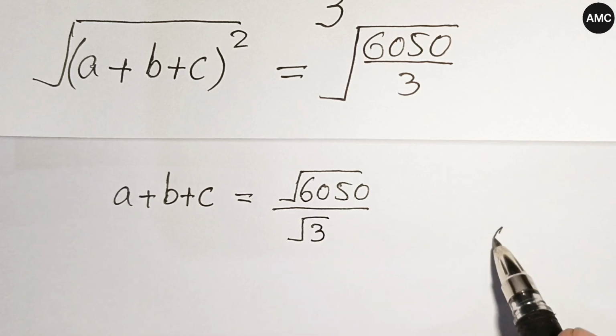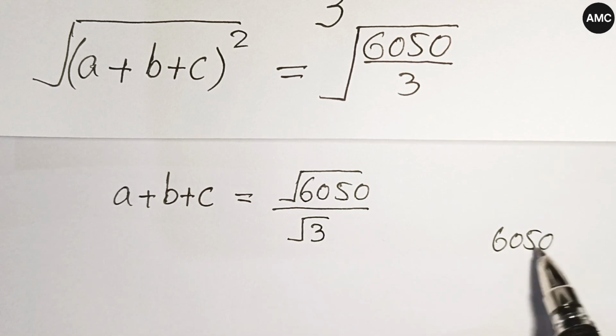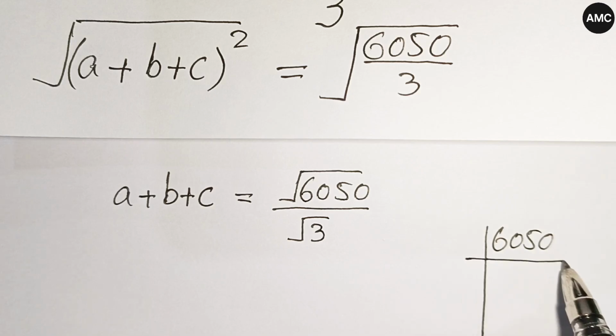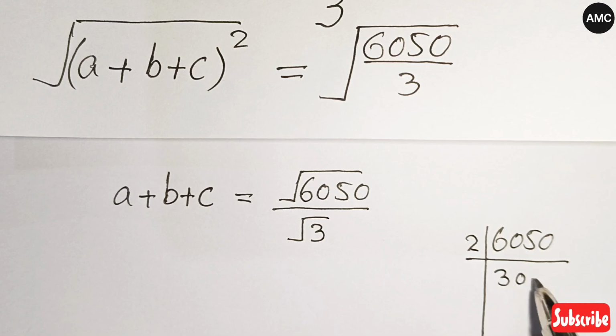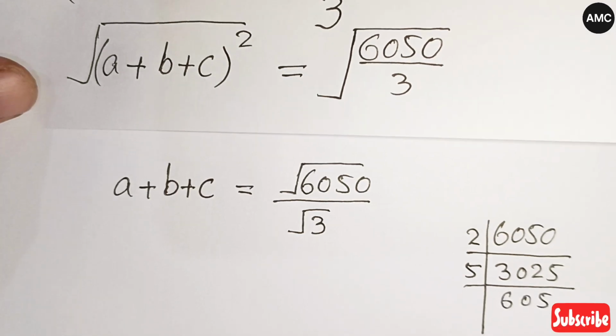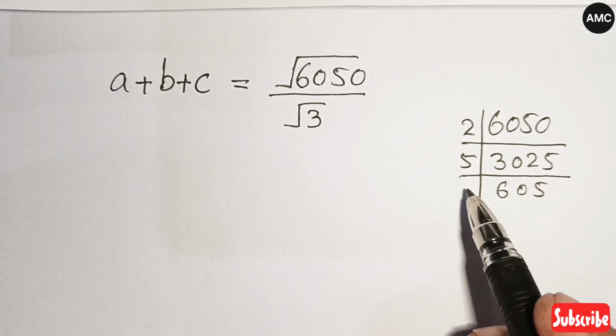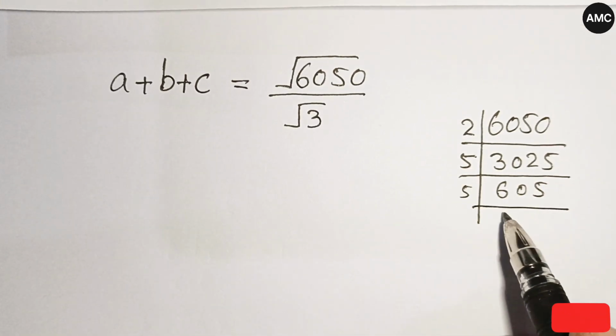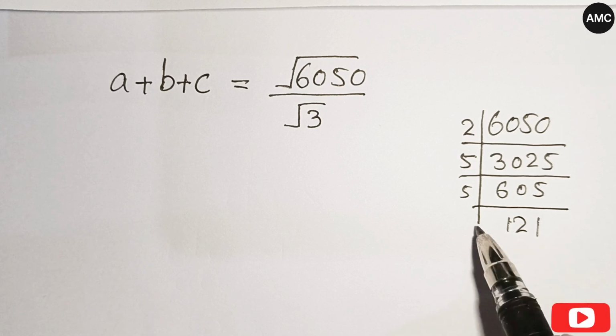Now here 6050 can also be written as follows. If we divide by 2, we get 3025. Now if we divide by 5 we get 605. Similarly if we divide again by 5, we get 121.